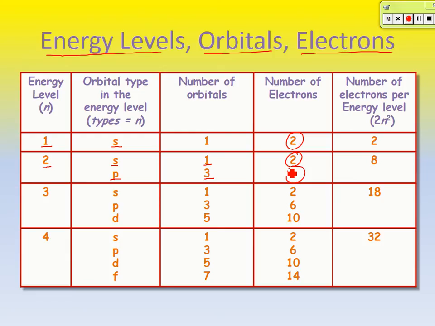Then as we work ourselves down, in the third energy level, there are s, p, and d orbitals. There's only 1 s orbital, 3 p's, 5 d orbitals, 2 electrons in the s, 6 in the p, and 10 electrons in the d. And if we look down here at the fourth, the f orbital, there are 14 electrons that can fit in those f orbitals. This is something that we'll learn. I just wanted to introduce it here, but not a big deal if you don't understand what it's saying right now. We will.